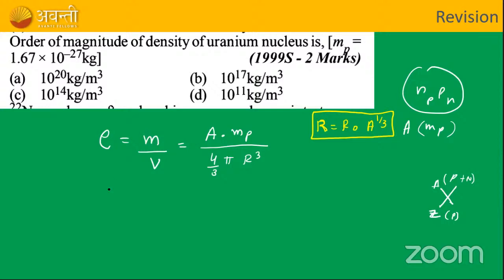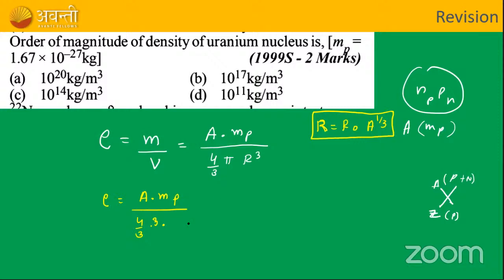Okay, so now let me substitute that. Density is equal to atomic mass number into mass of protons. I'll tell you once more why we get these terms, don't worry. Into 4 by 3, 22 by 7, right? Or I can write it as 3 approximately, because they're just asking me the order of magnitude, right? Into r cube. What is radius?